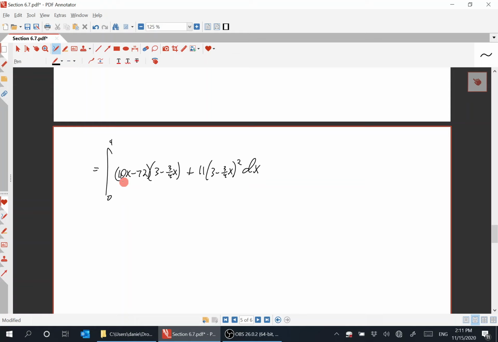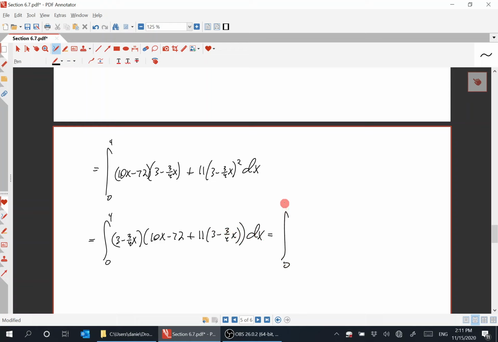So we could factor out here a 2. Well, that won't be enough to cancel that out, will it? Let's see, let's factor out 3 minus 3/4 x. So now we have 10x minus 72 plus 11 times 3 minus 3/4 x.